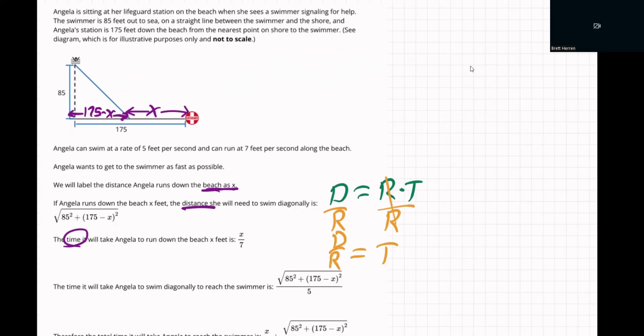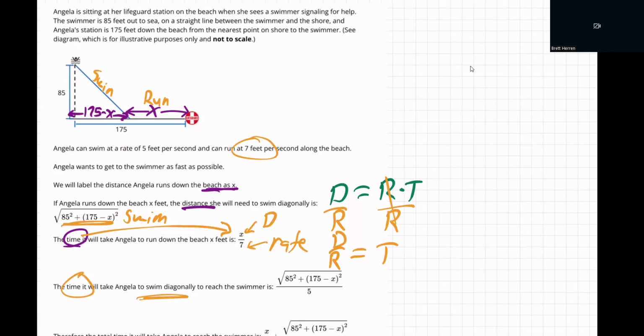The distance she's going to run is X, and the distance she's going to swim is this. This is the swim distance. So you take the distance she's going to run, X, over the rate that she runs. She runs 7 feet per second. Then that's the time she's going to run, how long it's going to take her to run down the beach X feet. And then the time it will take her to swim is, again, distance over rate.